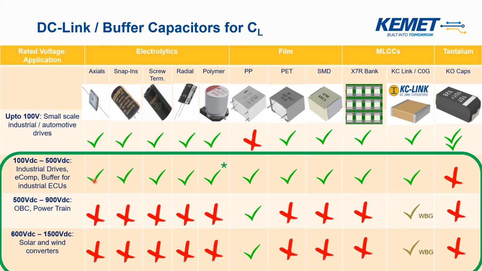But above 100 volts, or let's say above 500 volts, would be really the more interesting criteria, because this would really be your voltage requirement for your rectifier output stage. So between 100 volts to 500 volts output rectifier voltage, which could be the case for industrial drives or buffer for industrial ECUs and so on.